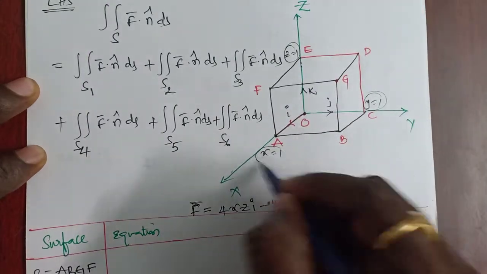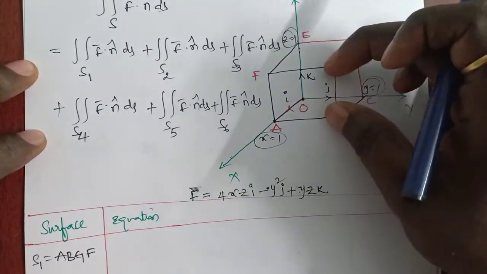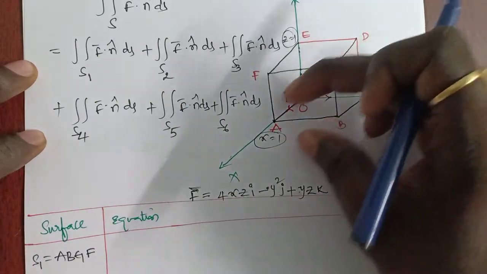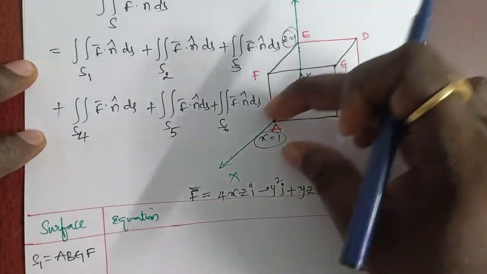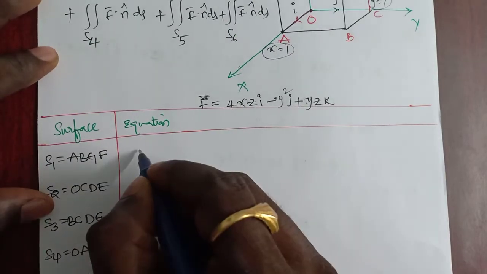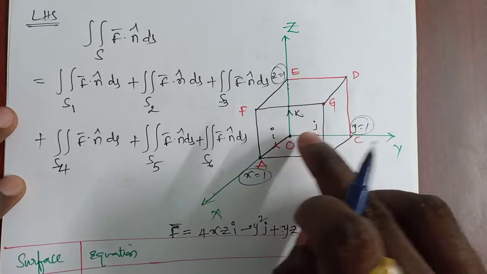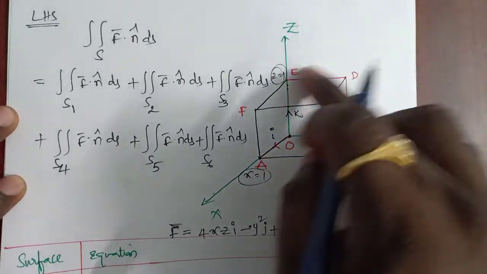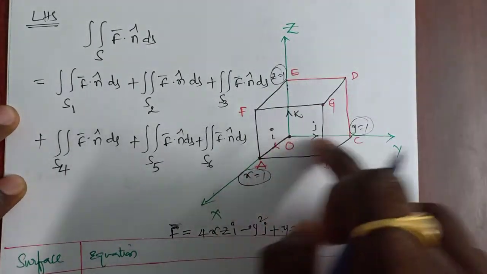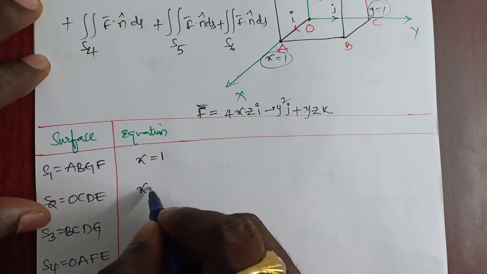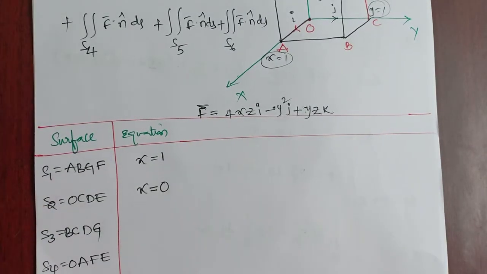So these are the equations. The front surface is at a distance of 1 unit from the origin along the x-axis, so the equation is x equal to 1. Now the back surface OCDE lies on the yz plane like this, so there is no value for x, since x equal to 0.